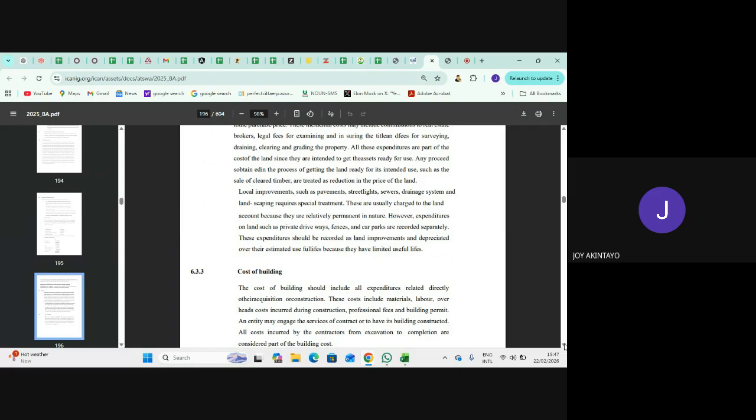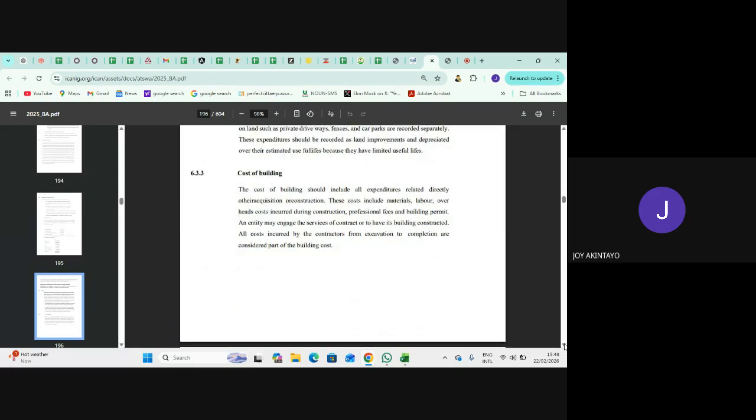Are we together? Then we now move to the cost of a building. The cost of a building includes all expenditure related directly to the acquisition of a building. What are the costs related directly?